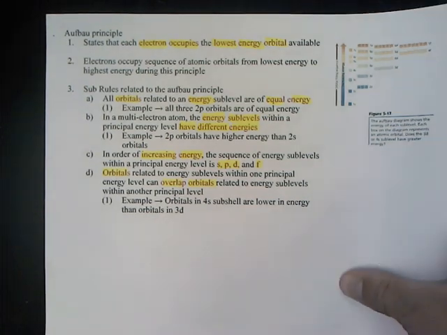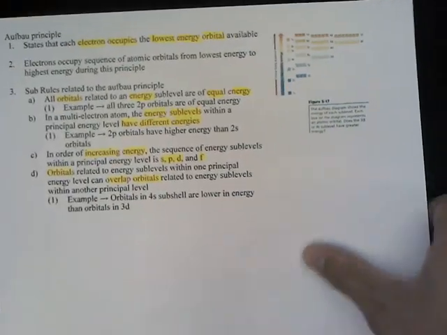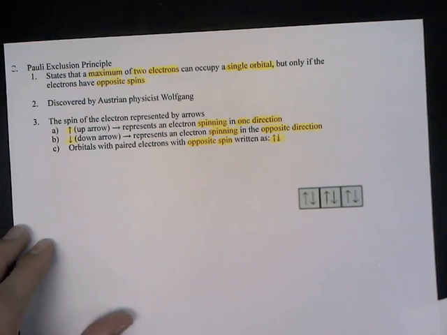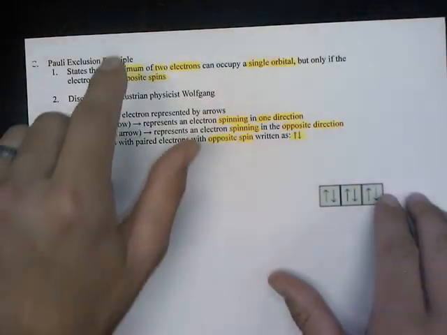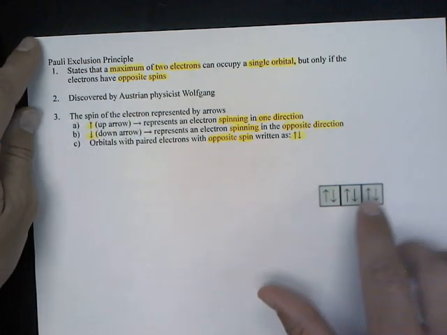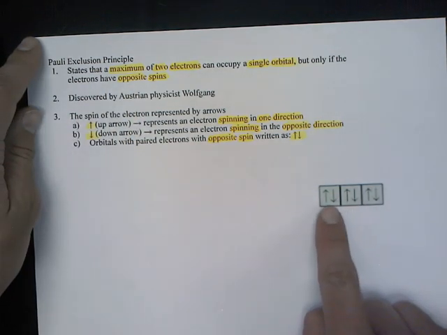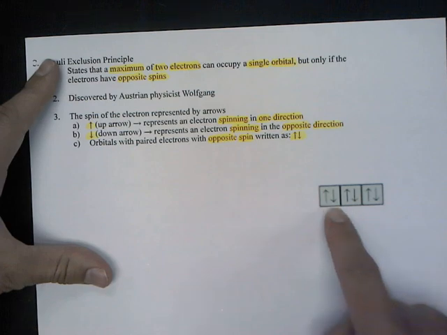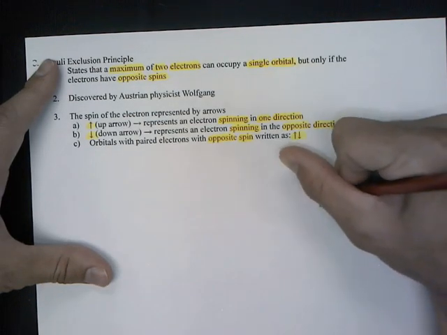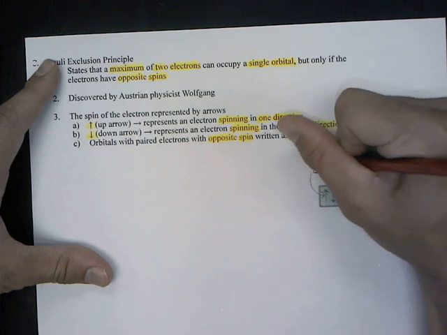Now, moving on to the Pauli exclusion principle. It says that electrons must have opposite spins in the same box. What that means is that each box can only have an up arrow and a down arrow. The arrow represents an electron.